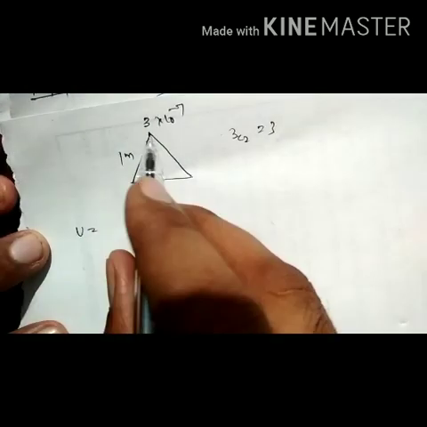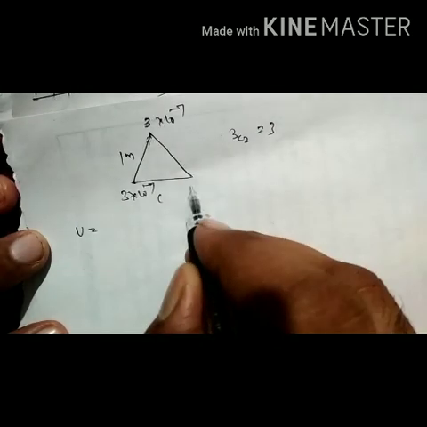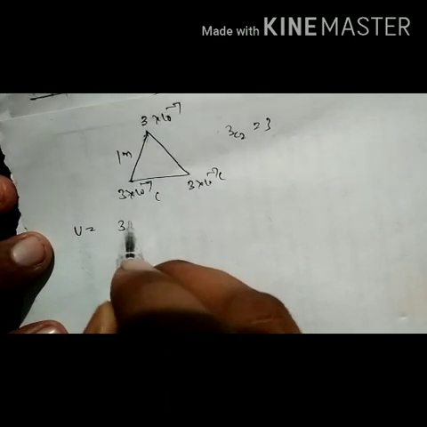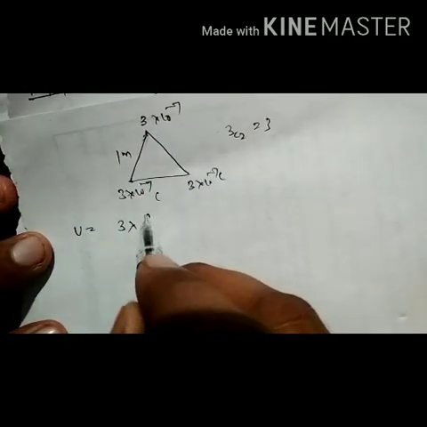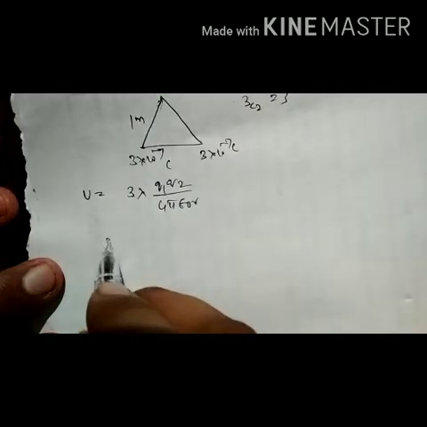All the pairs are the same, because each charge is 3 into 10 to the power of minus 7 coulombs. So 3 into Q1 Q2 by 4 pi epsilon naught r.